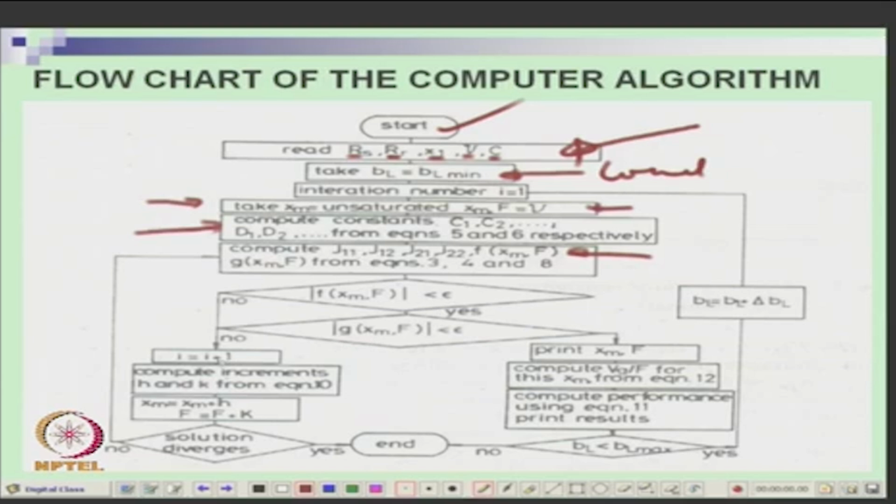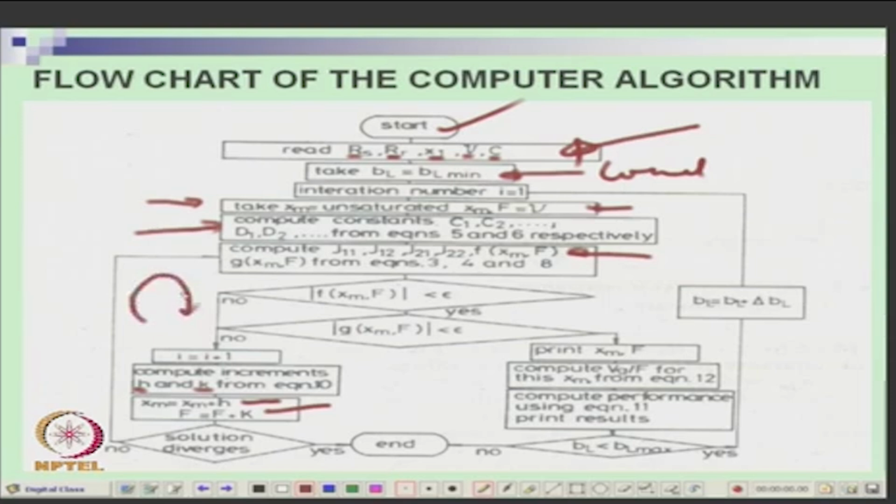If it is not, then go through the next iteration, find h and k from that term, take the new value of Xm and the new value of F, and ensure that the solution should not diverge, it should converge. If it diverges you should end; if it converges you go back, and you continue this loop.